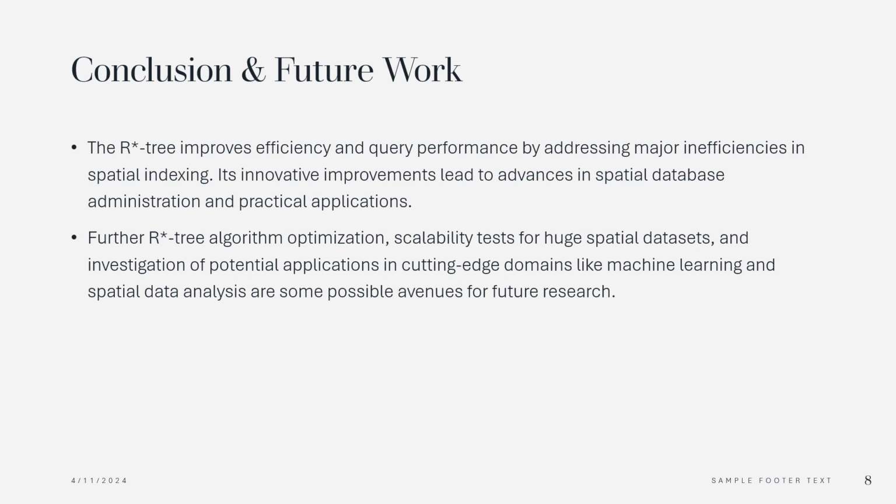Scalability tests for huge spatial datasets and investigation of potential applications in cutting edge domains like machine learning and spatial data analysis are some possible avenues for future research. Like we can use machine learning and deep learning for the performance of queries in database systems. That is all.